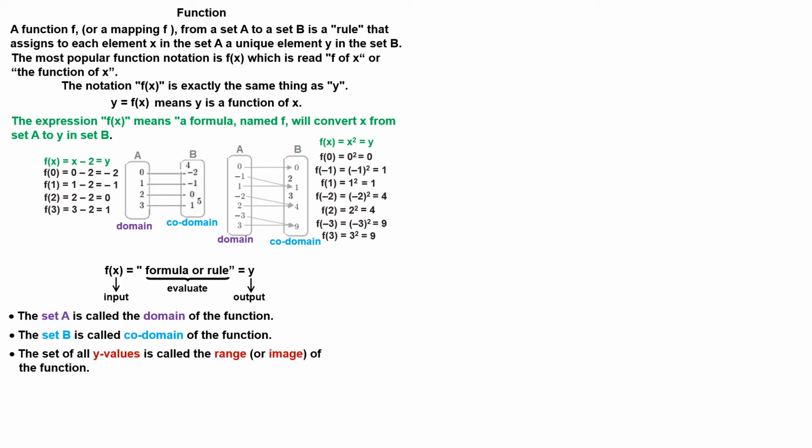It's important to realize that the range of f is not necessarily the set B. The range of f is actually a subset of B. Sometimes it could also be equal to B. The range or image of f is given by the y values.